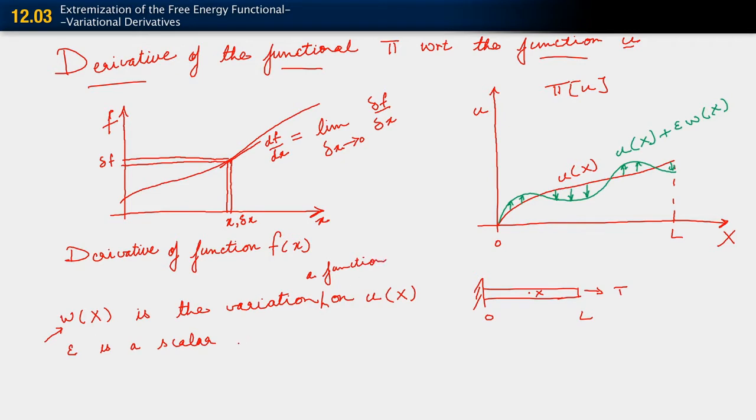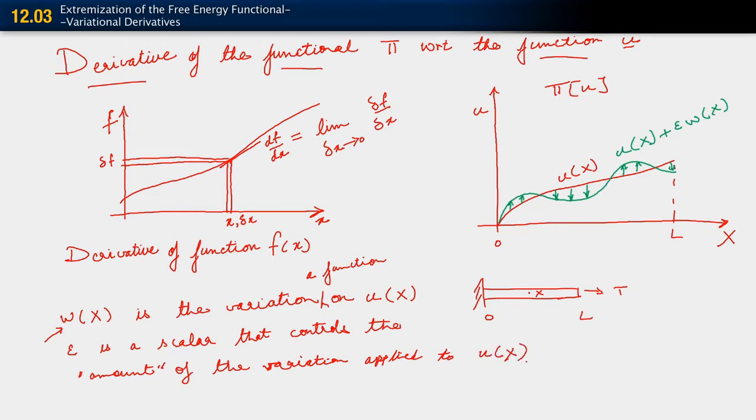So epsilon, however, is a scalar that controls the amount of the variation applied to u of x. That is what we're doing.